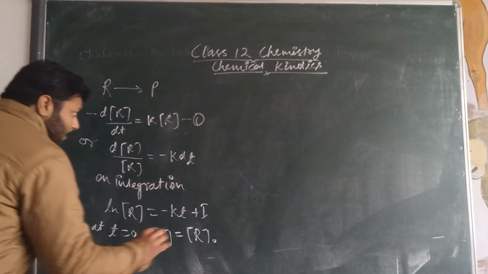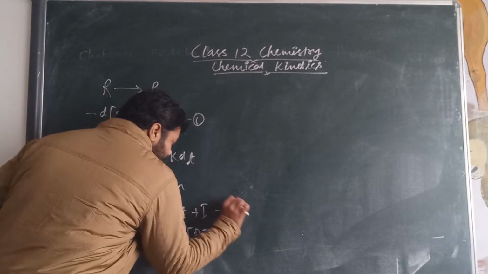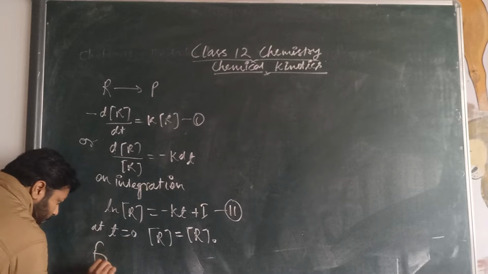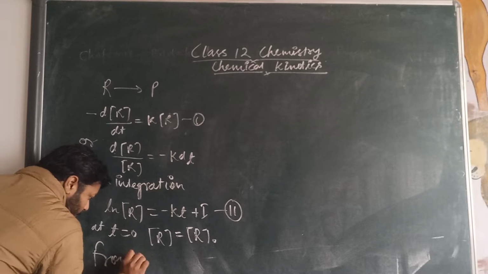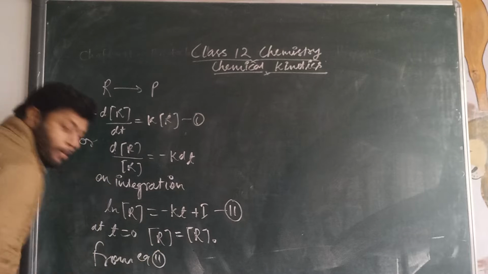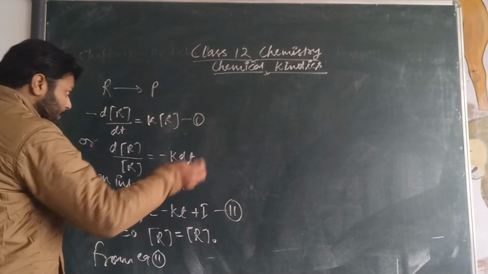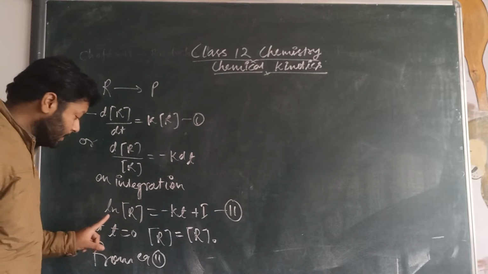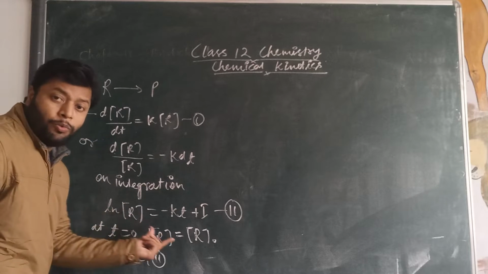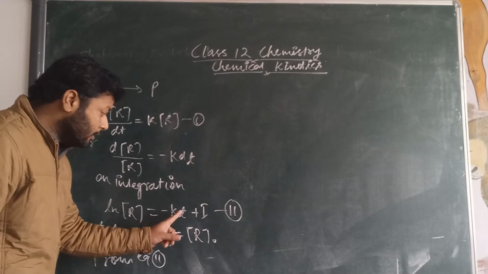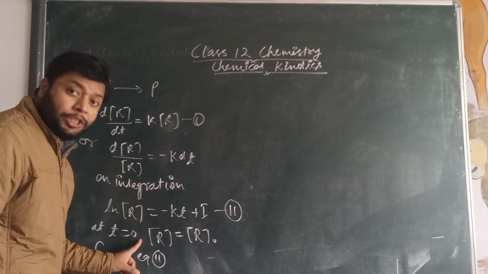So from equation second, you can write like this. See equation second. Instead of R, we put R0, and instead of t, we put 0.